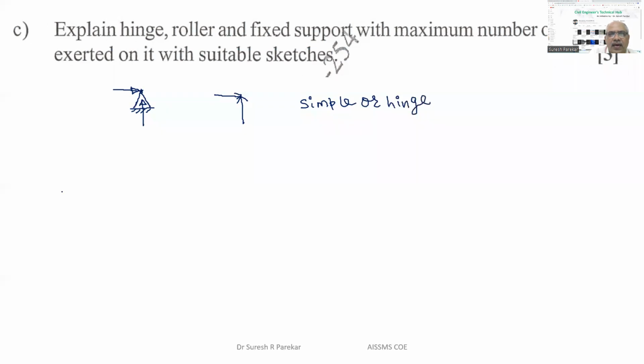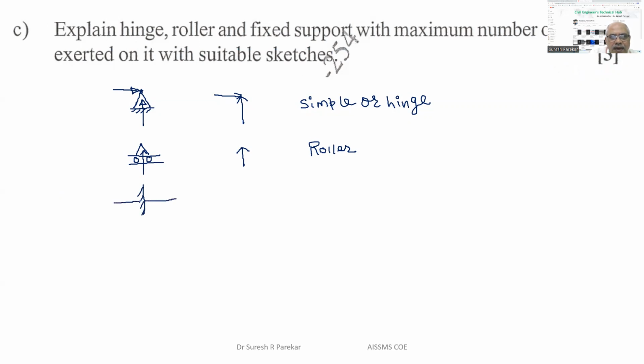Then another we have is the roller. So this support will roll in the plane of the surface. So we have only one reaction, which is perpendicular to the plane of the surface. So we have this, that is a roller support. And third we have fixed support. In this we have three reactions.